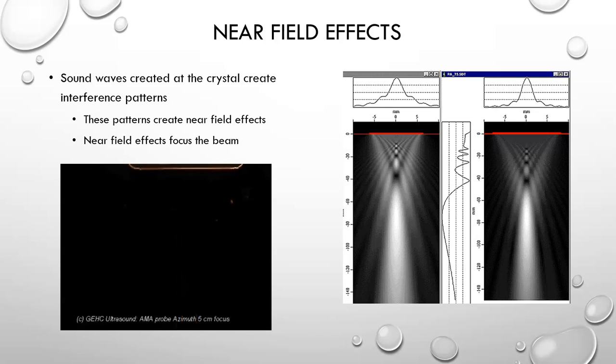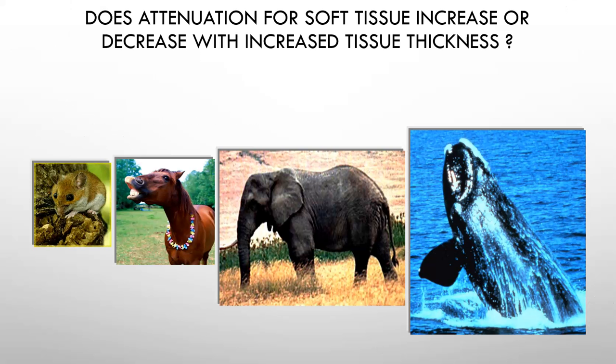Here is a question for you that you might want to know. Does attenuation for soft tissue increase or decrease with increased tissue thickness? So, if we are going to image a mouse or a shrew, would we have more attenuation than if we imaged an elephant or a whale?